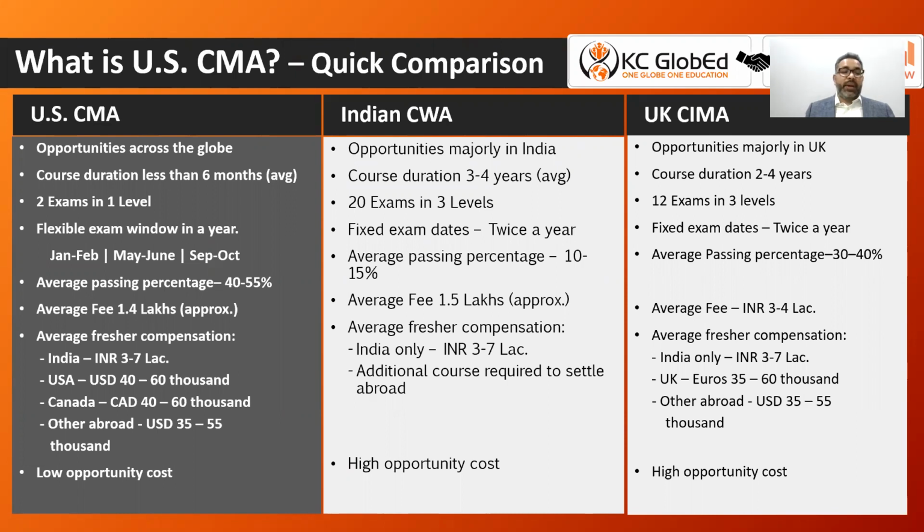If I summarize in terms of rupees, it would be 30 to 35 lakh rupees as a fresher starting package in the international market. So it has very low opportunity cost if you compare it to other similar courses available in the market. And it's so easy to do in just 6 to 7 months.